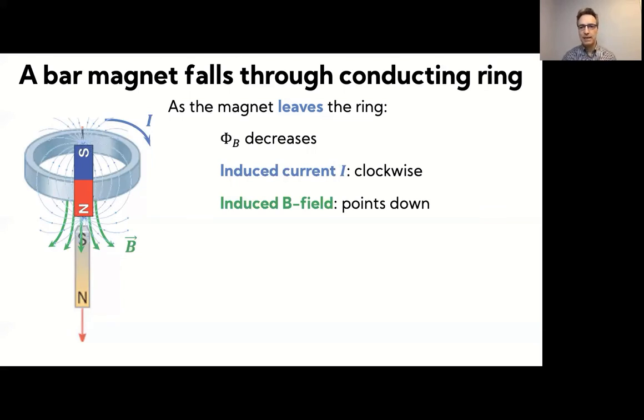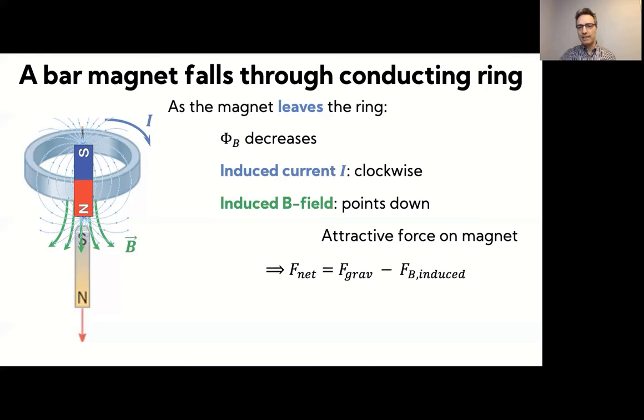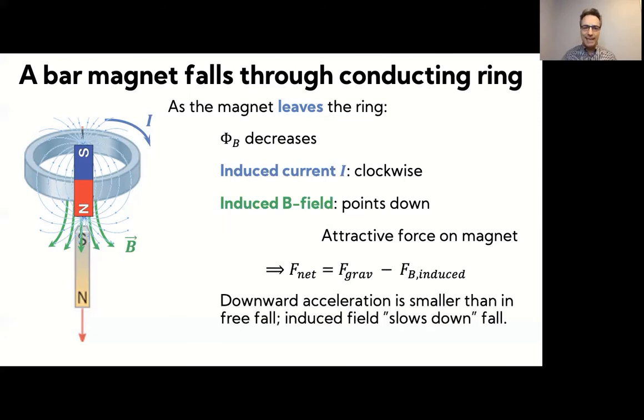So with the north equivalent to the North Pole facing down to kind of counteract that decrease in the magnetic flux in this case. So now what you have is the induced field actually exerts an attractive force on that magnet. So now it's actually pulling that magnet in an upwards direction. So again, our net force is not just the force of gravity, it's the force of gravity minus the force due to that induced magnetic field. And so again, the downward acceleration is smaller than in free fall.